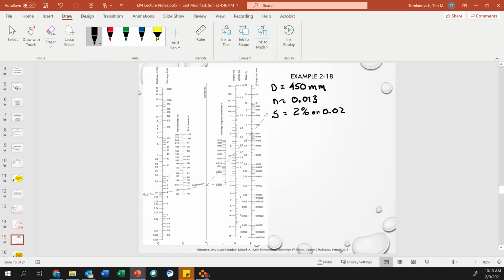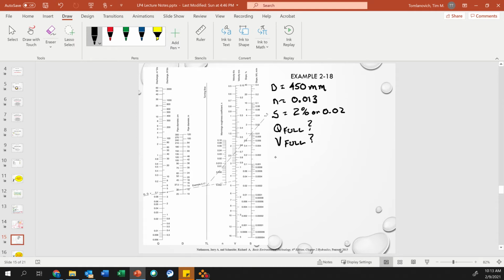I turn that into decimal form. What are the discharge capacity and velocity of the flow when the pipe is full? So Q full and V full, is that the question they're asking.